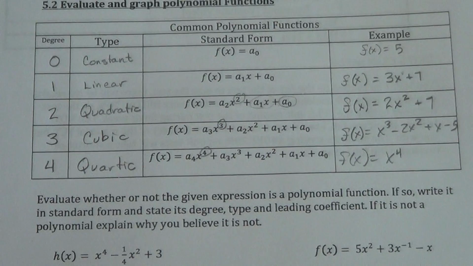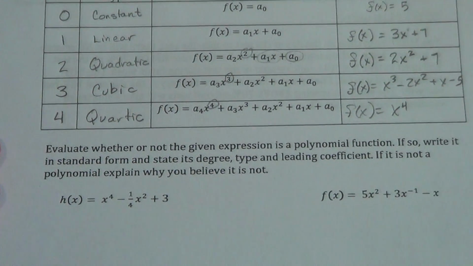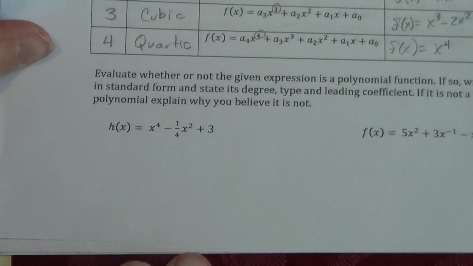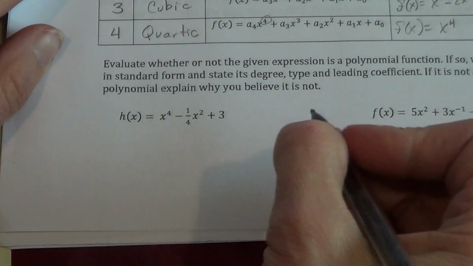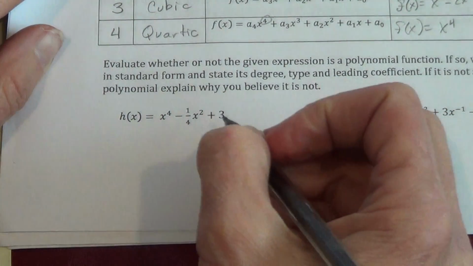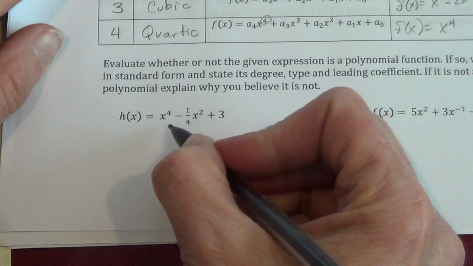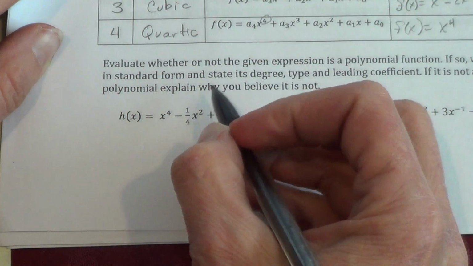So in the next little section, we're going to explain whether or not the expression given is a polynomial or not. So go ahead and look at those. This does appear to be a polynomial. We don't have any x's or any variables in the exponent or any variables in the denominator.